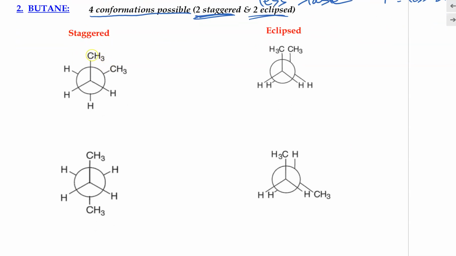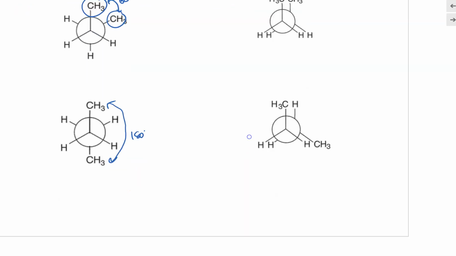And again, they do not line up on top of each other, but are tilted. They can be tilted such that the 2 CH3 groups are 60 degrees from each other, or when they're 180 degrees from each other. So this is basically the anti conformation right here.